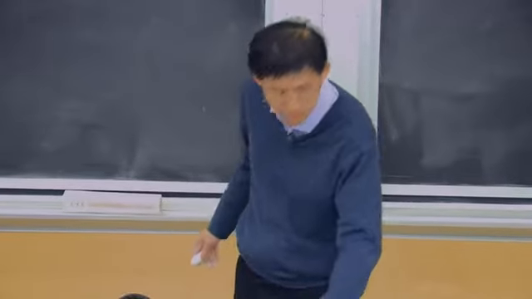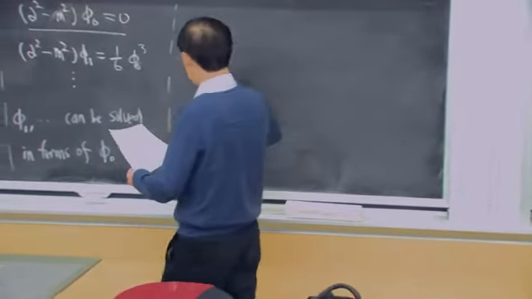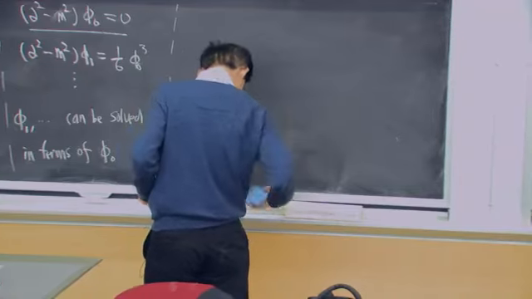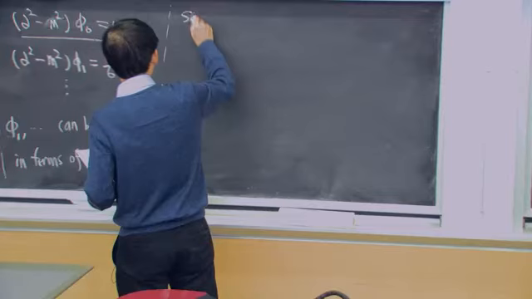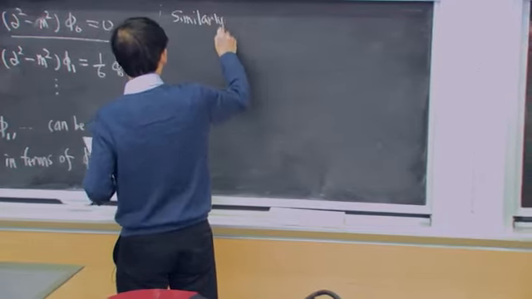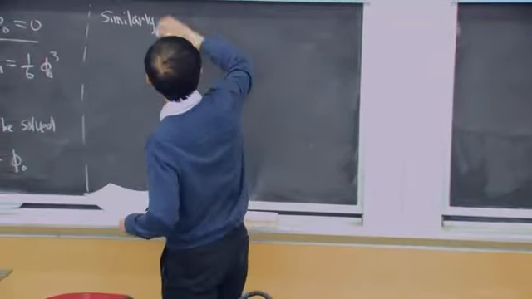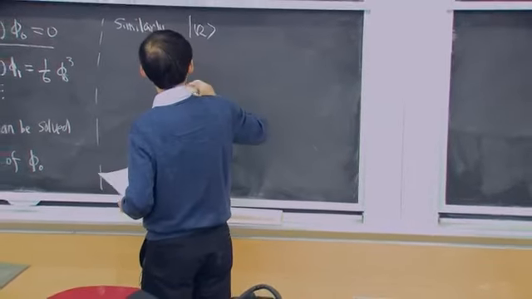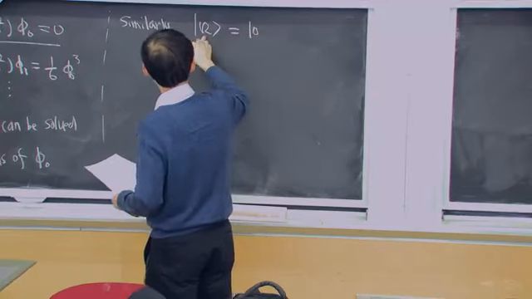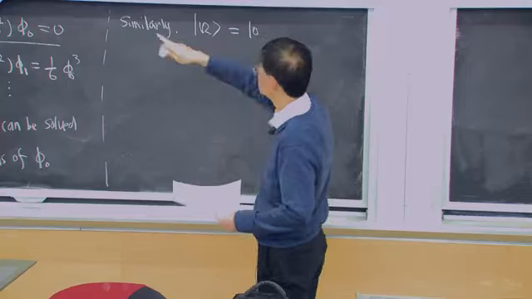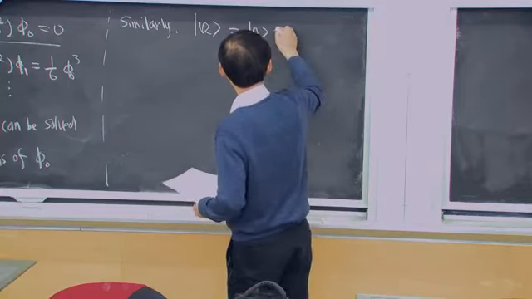So similarly, we can solve for this omega using perturbation theory. First we expand this omega in a power series. This is the vacuum of your interacting theory, and we expand it in terms of a perturbative series.